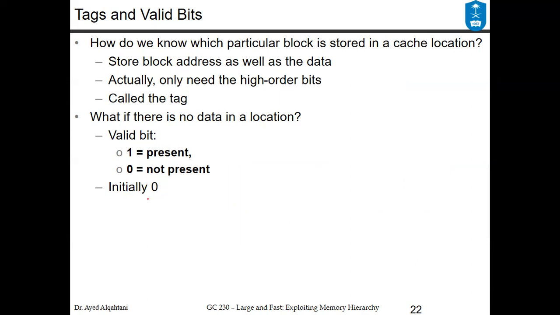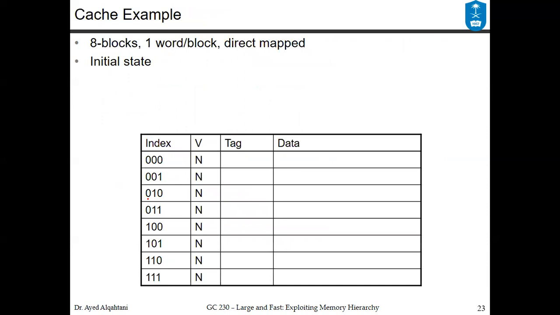Now, to understand this better, we have an example. This example is the same as the one that we just explained. You have a cache with 8 blocks. Now we specify that each one of these 8 blocks has 1 word. Remember, 1 word is 4 bytes or 32 bits.